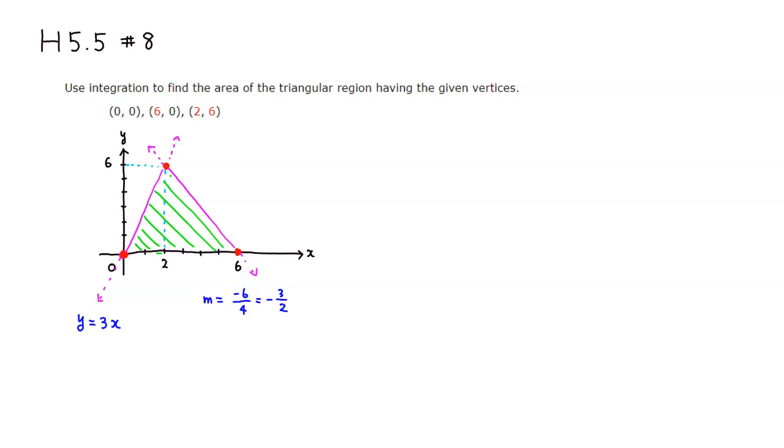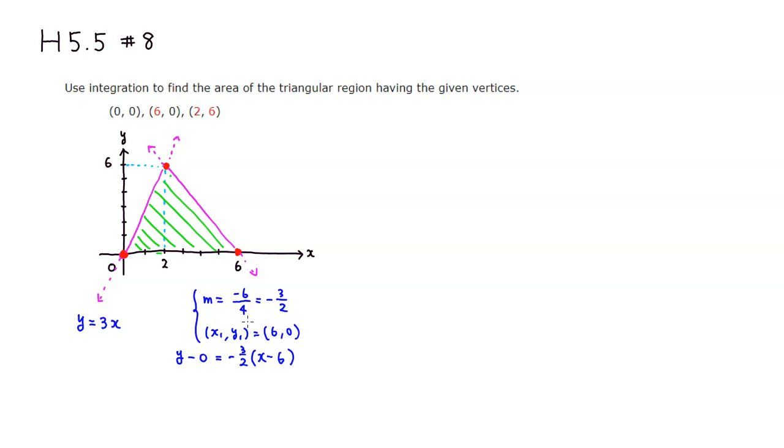And then it's going through (6, 0). So you're going to have y minus, maybe I should write that. The point (x1, y1): you can use either one, but I'm going to use (6, 0). So the equation is y minus y1, which is 0, is equal to the slope, -3/2, times the quantity x minus x1, which is 6. I'm just using the point-slope form.